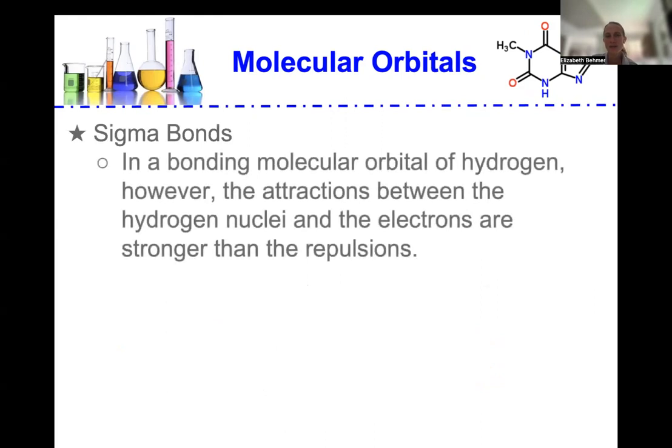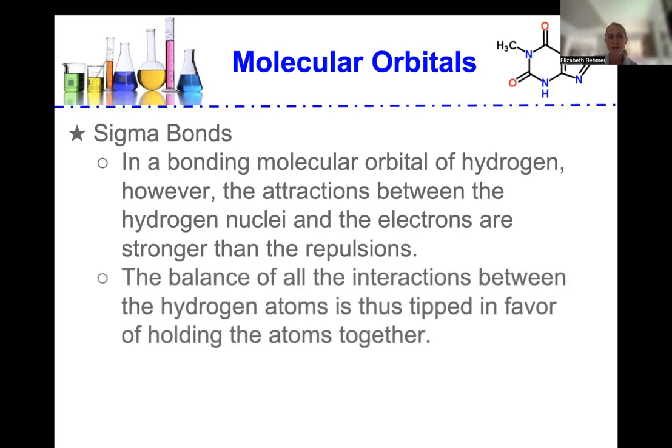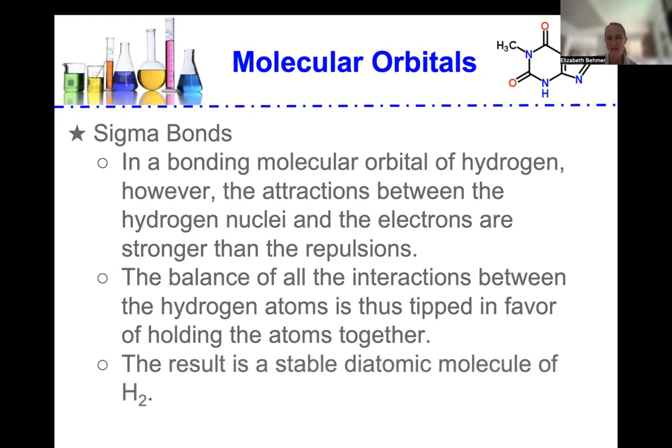In a bonding molecular orbital of hydrogen, however, the attractions between the hydrogen nuclei and the electrons are stronger than the repulsions, and the balance of all the interactions between the hydrogen atoms is thus tipped in favor of holding the atoms together. The result is a very stable diatomic molecule of hydrogen, H2.